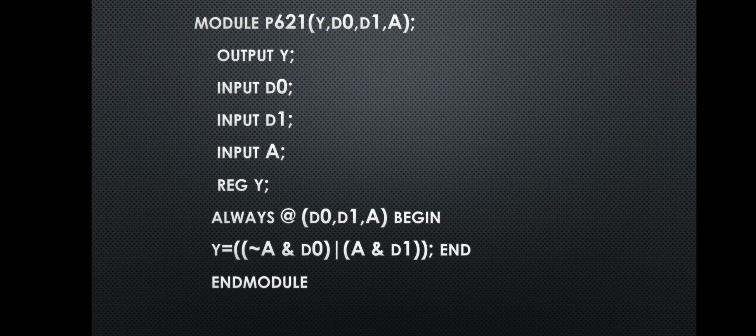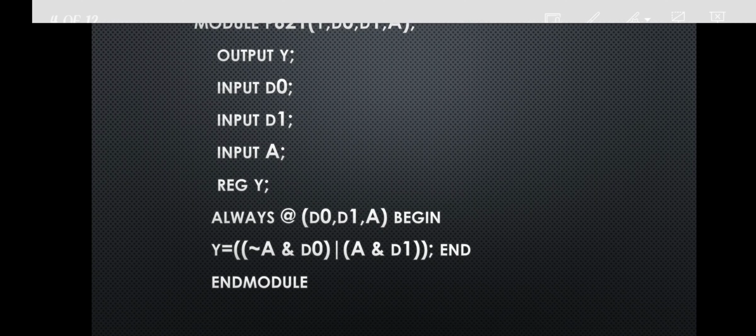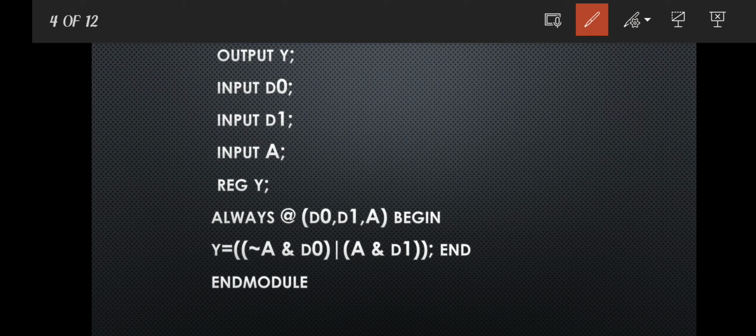This is the Verilog code for the 2:1 multiplexer. In this program, module is a keyword, and the input variables are D0, D1, A, and the output variable is Y. Register output Y. The function always at represents all the input variables D0, D1, A, and the operator has begin, with the output based on the selection line.